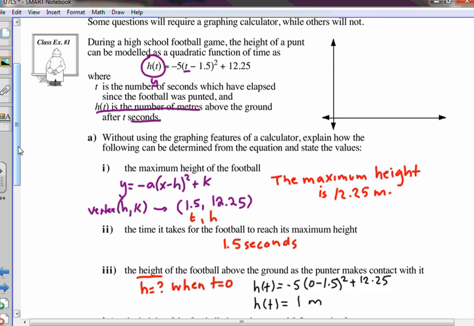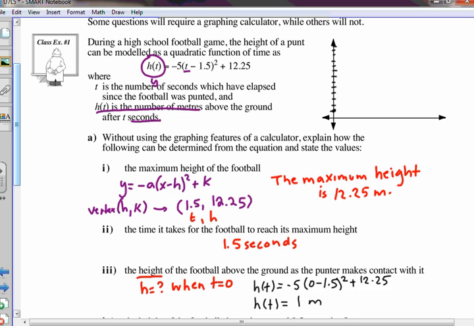It was at 1, right? And we want to get to a maximum height of 12.25. So we need about 12 ticks. So 1, 2, 3, 4, 5, 6, 7, 8, 9, 10, 11, 12, 13. So here's where we're leaving the ground.